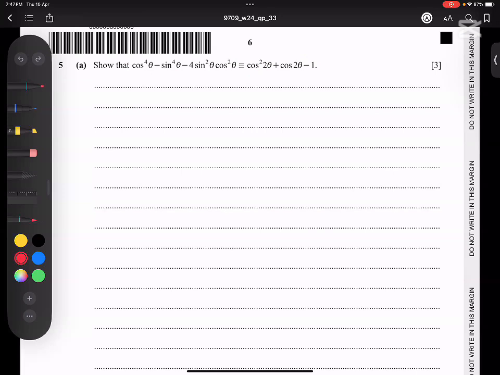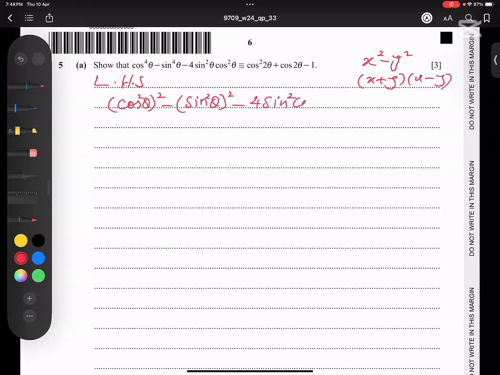First of all, we have this formula available. I take the left hand side. Basically, what formula do we have? x square minus y square, you can write x plus y into x minus y. The same story I can apply here. So this is the square of cos square theta and the square of sine square theta, and minus 4 sine square theta cos square theta we have already.